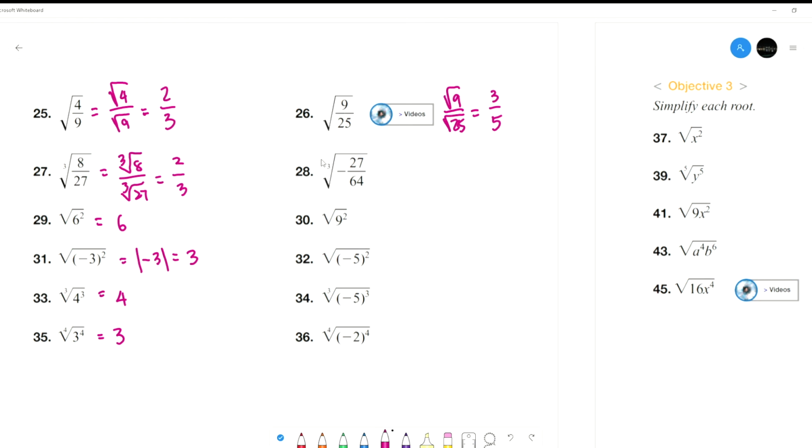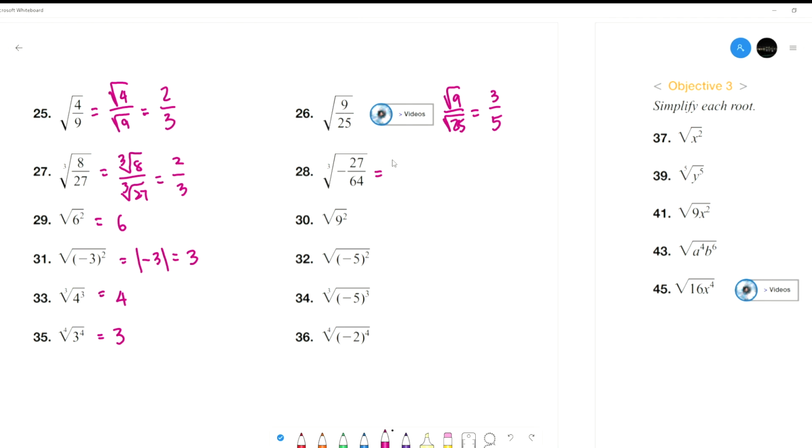Now this is a cube root of a negative number, right? So that means this final answer has to be a negative, right? So what I'll do is I'm going to take out the negative first because I know that the answer is negative. Or you can actually apply the negative just to one of these numbers. That's entirely up to you.